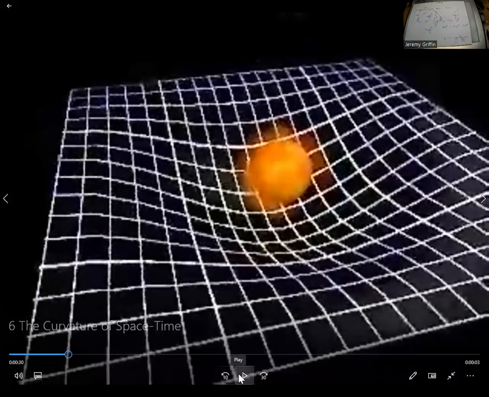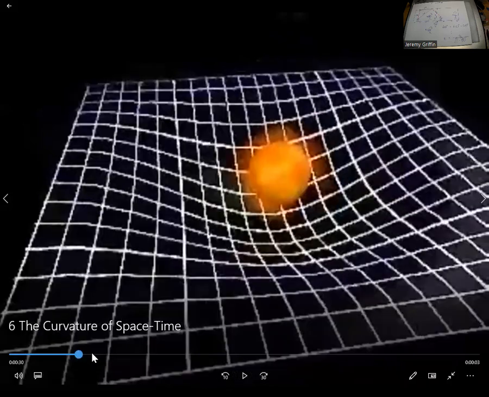So think about space-time being this four-dimensional fabric, and let's take the 3 dimensions of space and just squash them down into 2 dimensions, like this graph paper right here. With this model, if you have a huge mass, say a huge gravitational force, then it will warp that fabric.